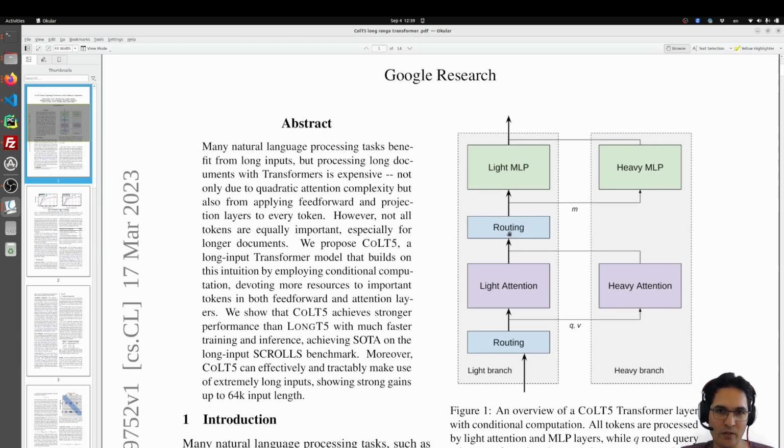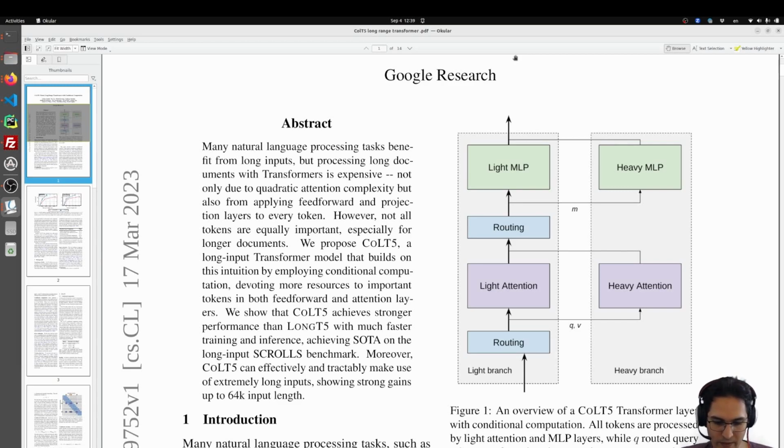Then you have another routing on the result for the MLP. Similarly, a small portion of the whole input goes to the heavy MLP and the other part goes to the light MLP, and they can be summed together. So you have light attention, then heavy attention, sum them up, have another routing, sum them up, and you have the result.